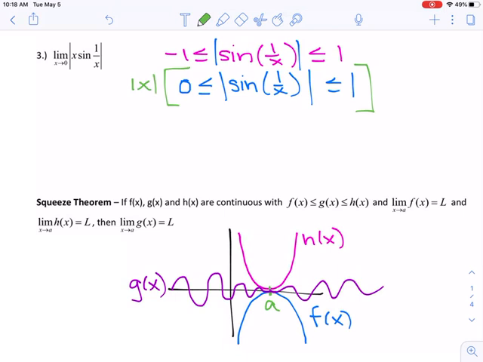The absolute value of x times 0 is 0, which is less than or equal to the absolute value of x times the absolute value of the sine of 1 over x, which is less than or equal to 1 times the absolute value of x, which is the absolute value of x.